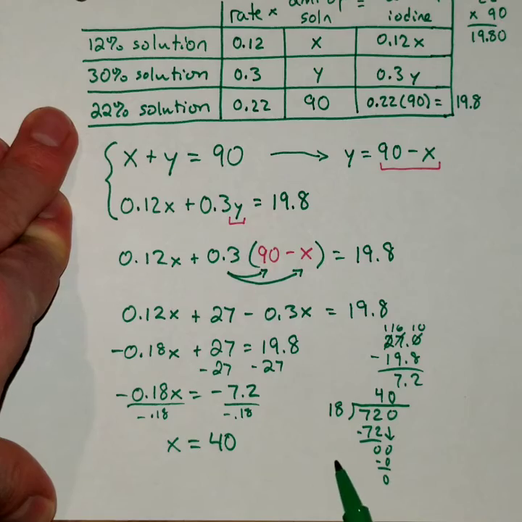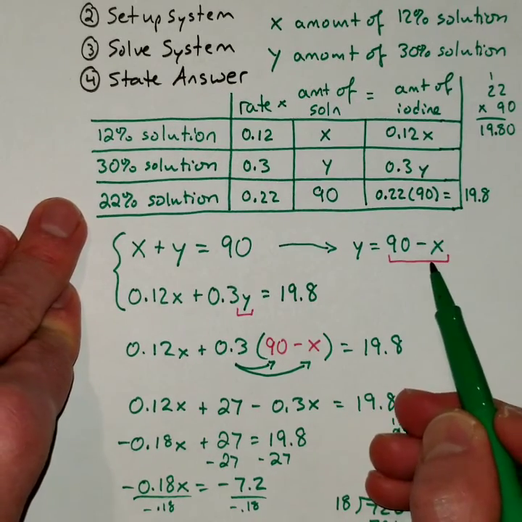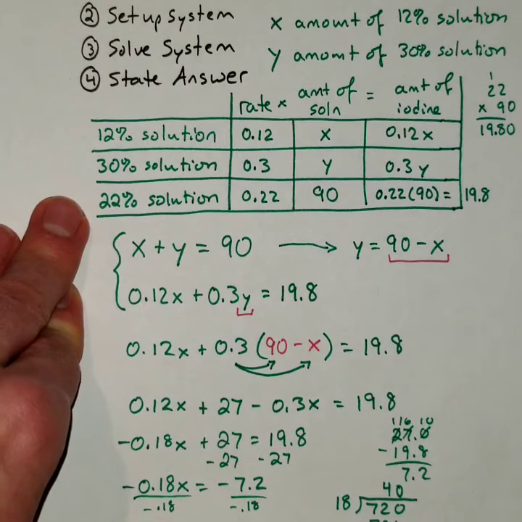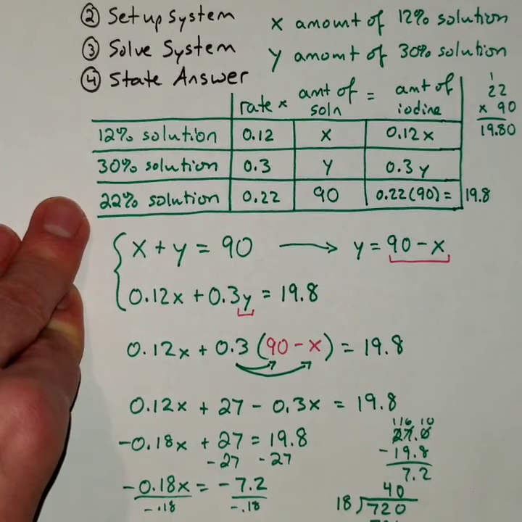And then to find the amount for the 30% solution, I just need to subtract that off of the 90. So y equals 90 minus 40, which is 50.